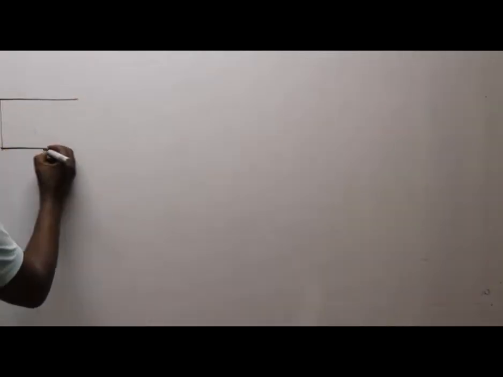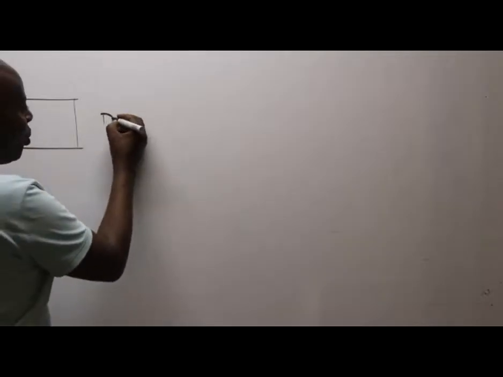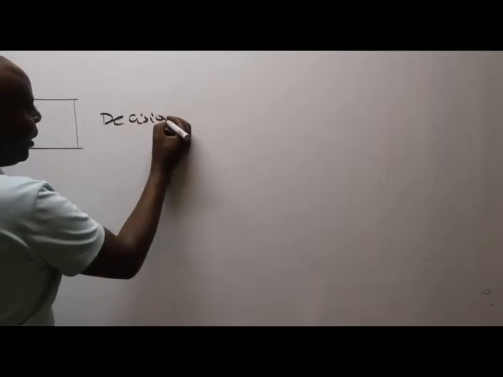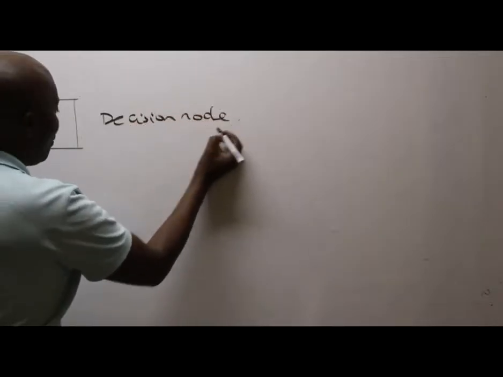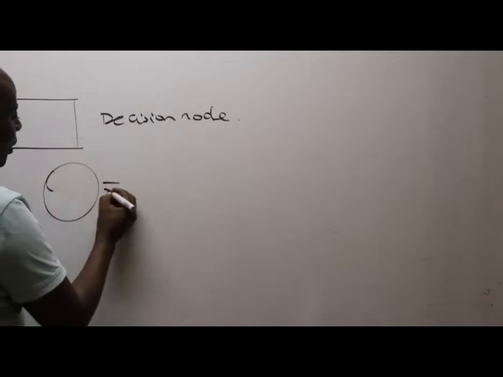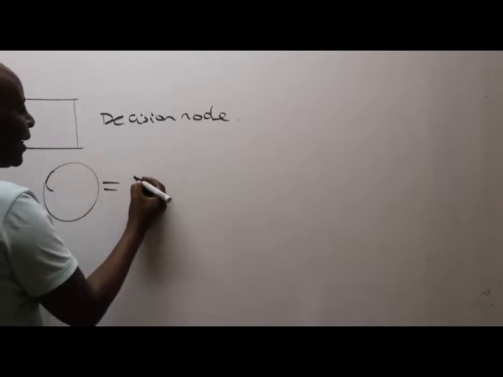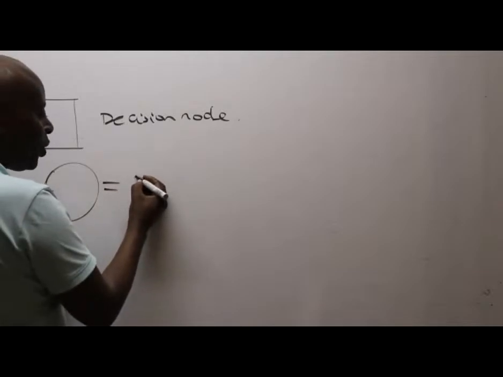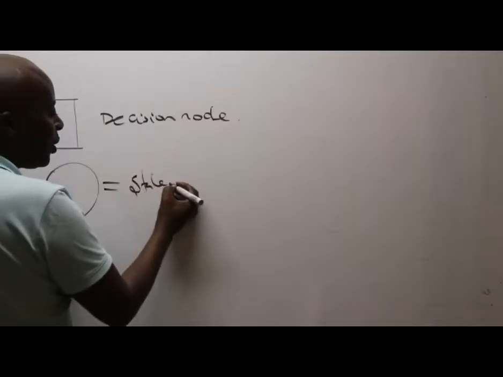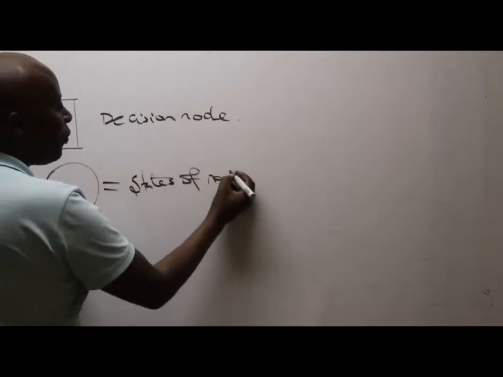Don't forget, ladies and gentlemen, that basically we have got 2 nodes in decision trees. We have a box node, this is what we call a decision node. And then we have a circle node, which is what we call a chance or states of nature node.